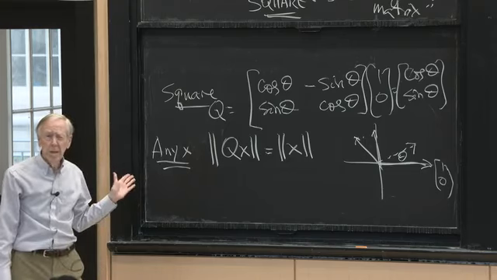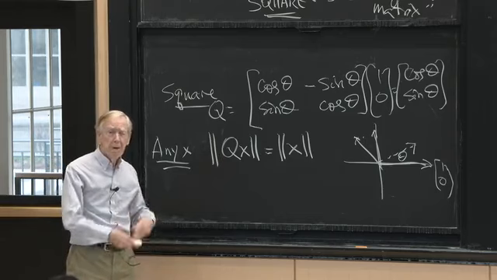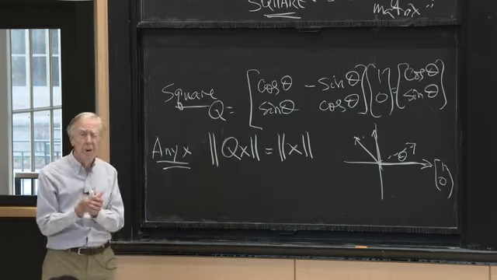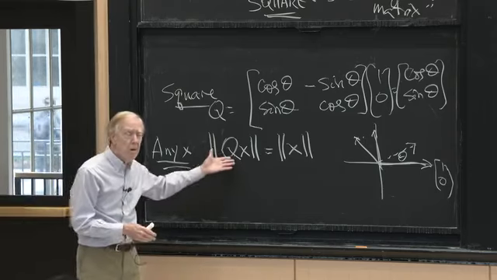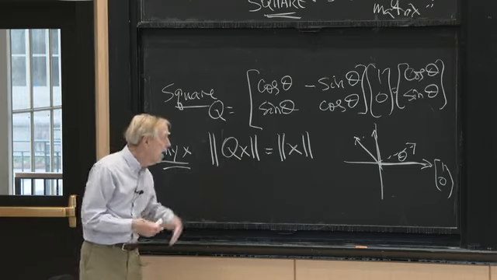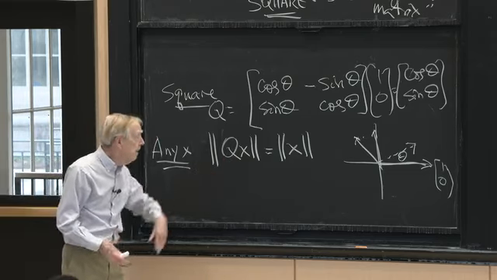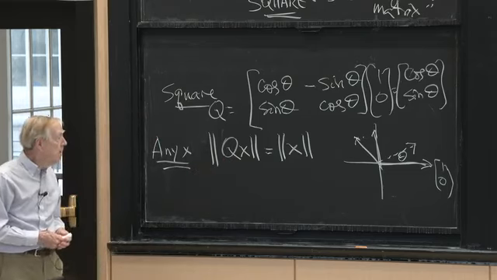Actually, that's the reason in computations that orthogonal matrices are so much loved, because no overflow can happen with orthogonal matrices. The lengths don't change. I can multiply by any number of orthogonal matrices, and the lengths don't change.